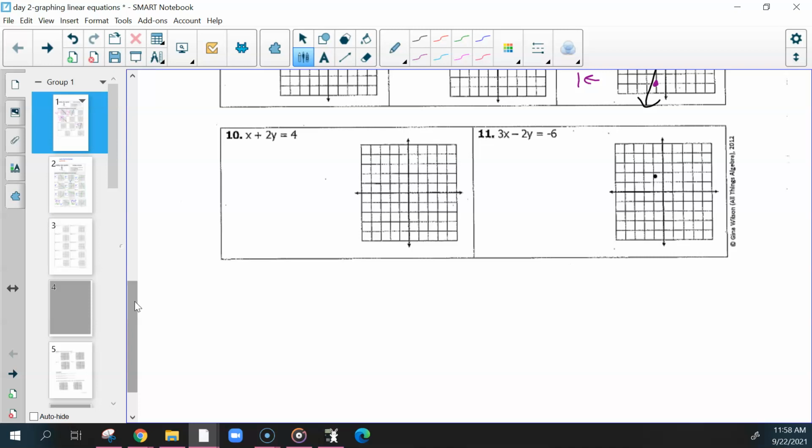For number 10, we would convert it, or get y by itself, by first subtracting x on the side. I'm going to switch the order of these two so it's already in slope-intercept form.